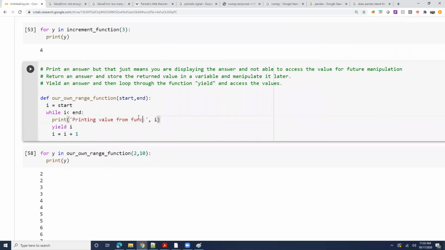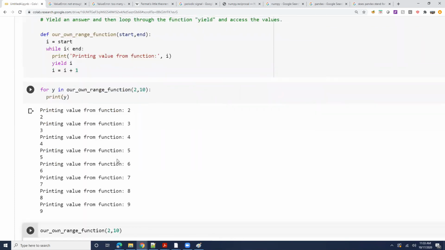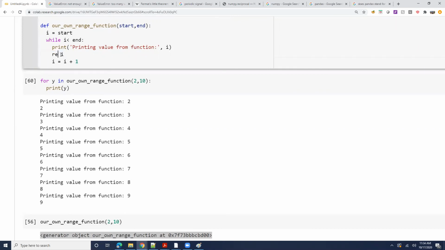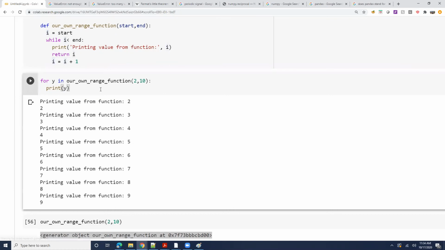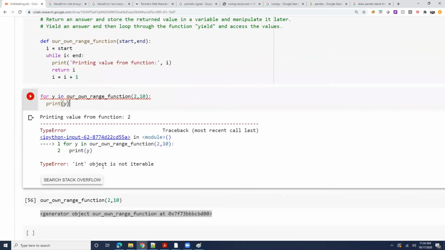function. So it's printing the value from the function and then I'm seeing it, right? This is different from return. If I did return, for example, and then I call this, then I just get 2, right?